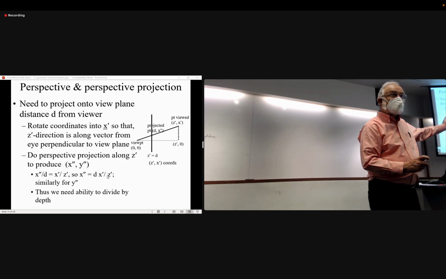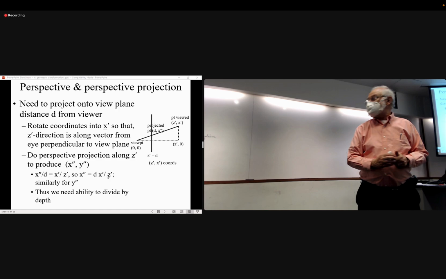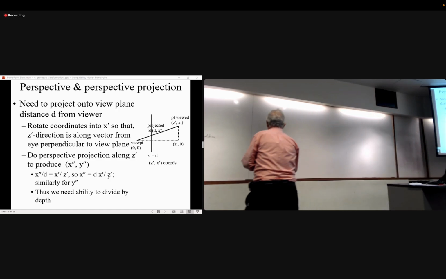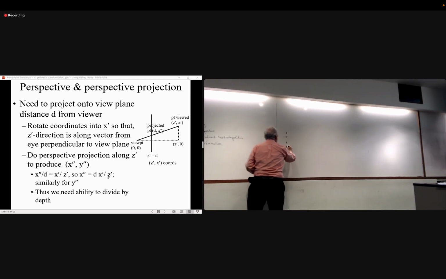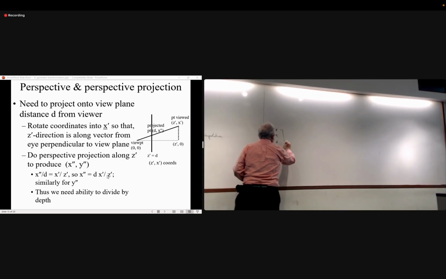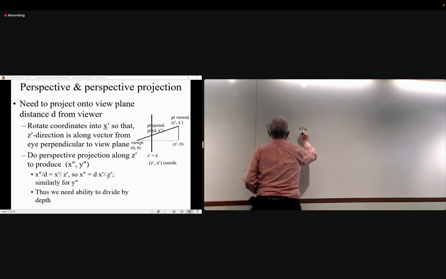And the beauty of homogeneous coordinates is that you understand that x, y, z, w is the same thing as x over w, y over w, z over w, 1.